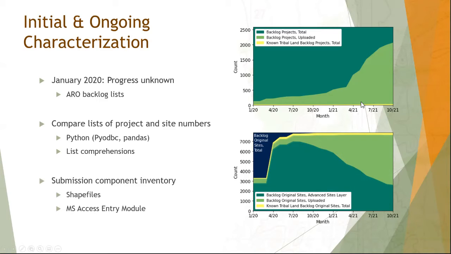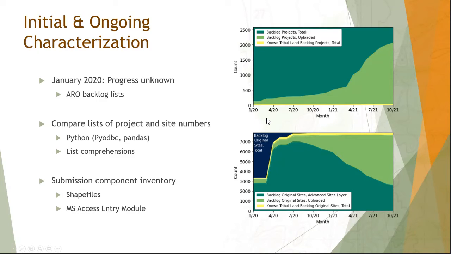Part of this initial characterization was completing an inventory of the components of a submission. The key components from our perspective are shapefiles for the geospatial data, and what was termed an entry module, which is a little Microsoft Access database with a set of forms that was used to collect the detailed attribute data.